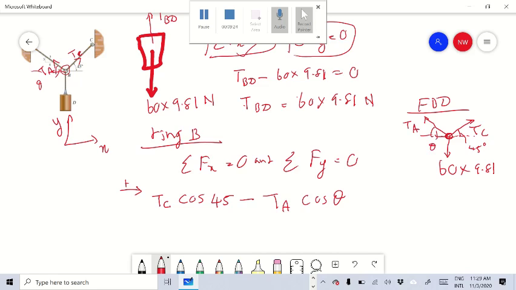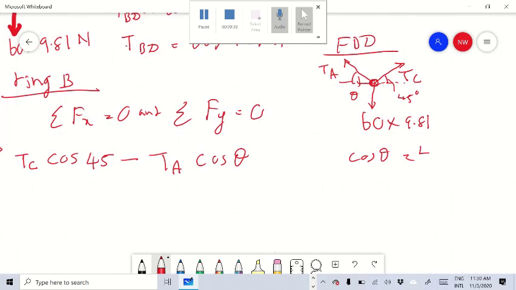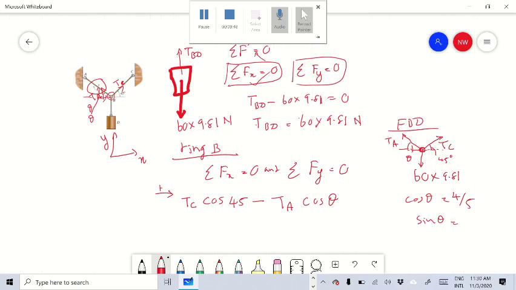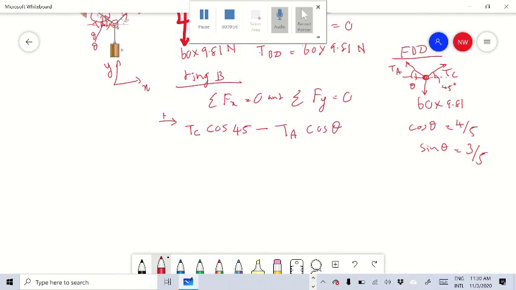You can see here cos theta is equal to 4 over 5, and sin theta is equal to 3 over 5, right?